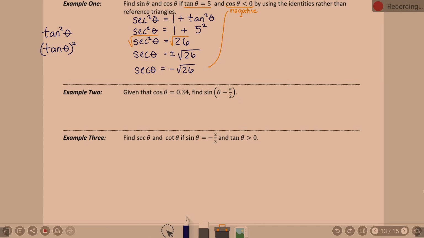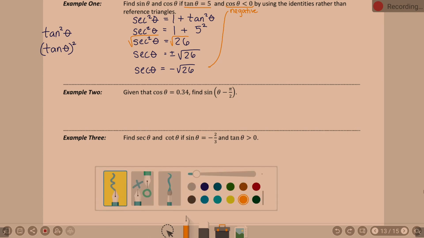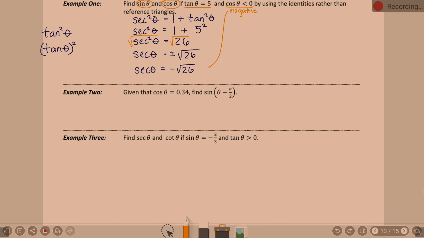And as you know, when we mentioned the quadrants, that would be agreeable too. Now, all of this work, and I technically have not found an answer yet. What were we asked to find? Sine and cosine.